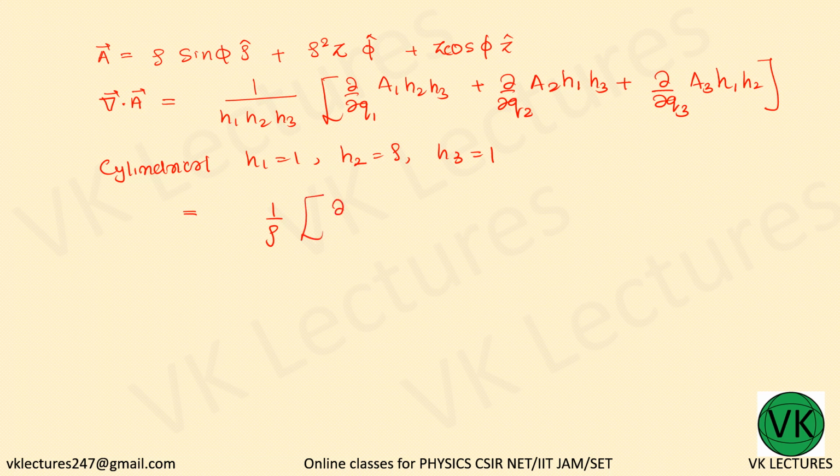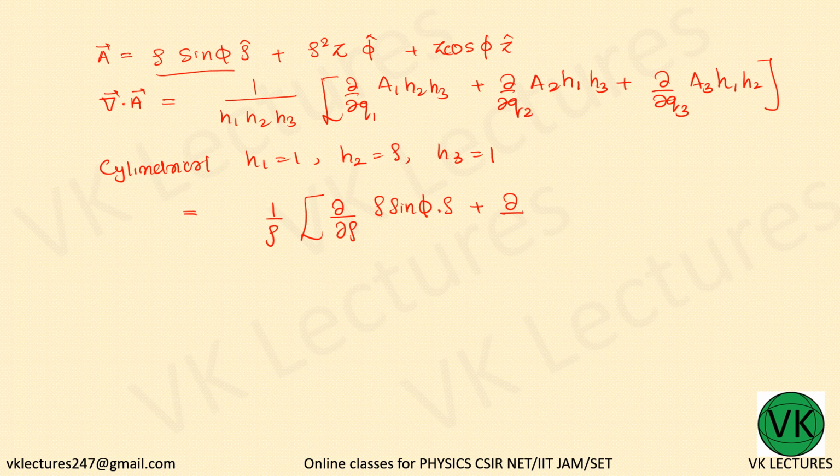dou by dou rho of a1, that is this one, rho sine phi, into h2 h3. What is h2? Rho. So into rho, plus dou by dou q2.